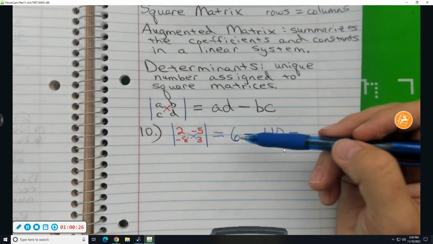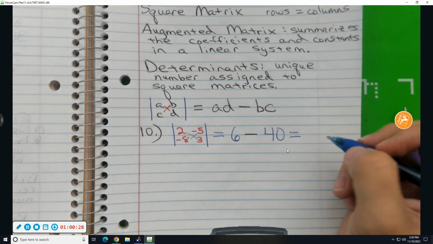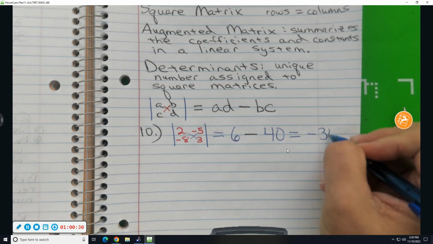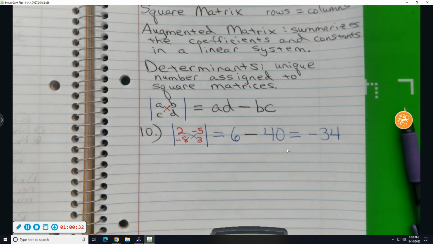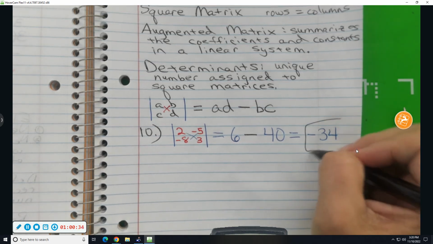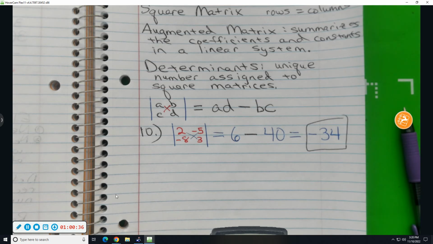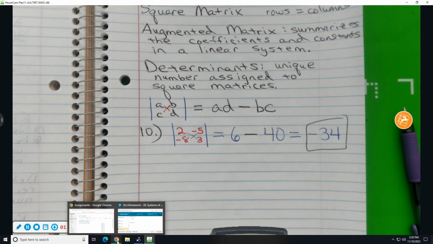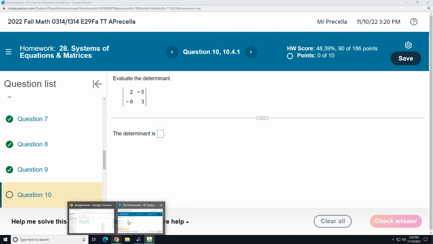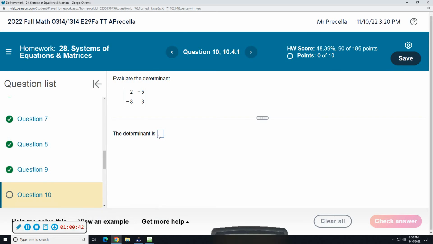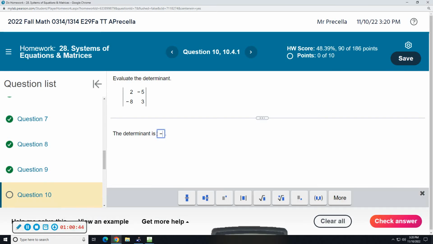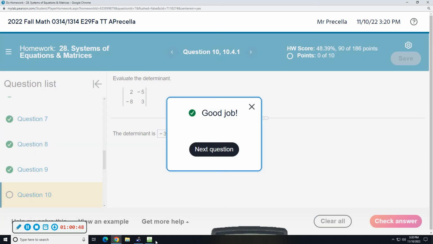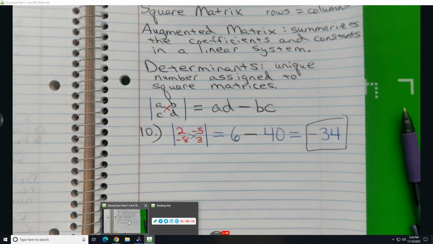So it's 6 minus 40, which is negative 34. We punch in negative 34. This little thing we're doing here is called crisscross, for finding the determinant.